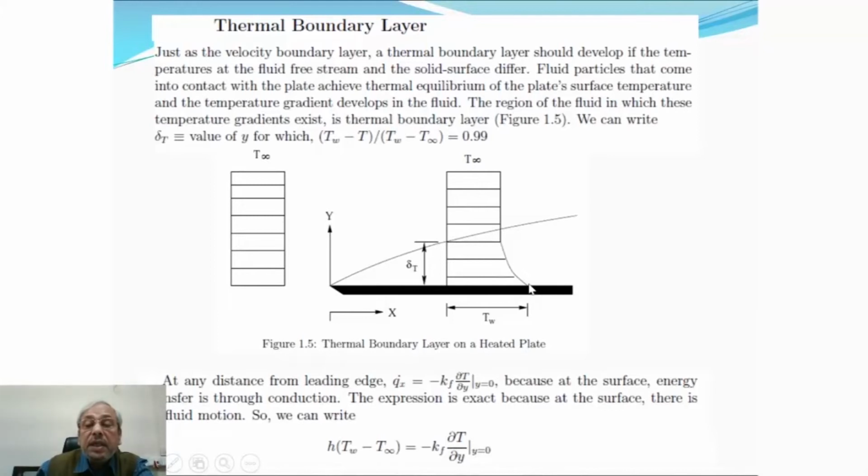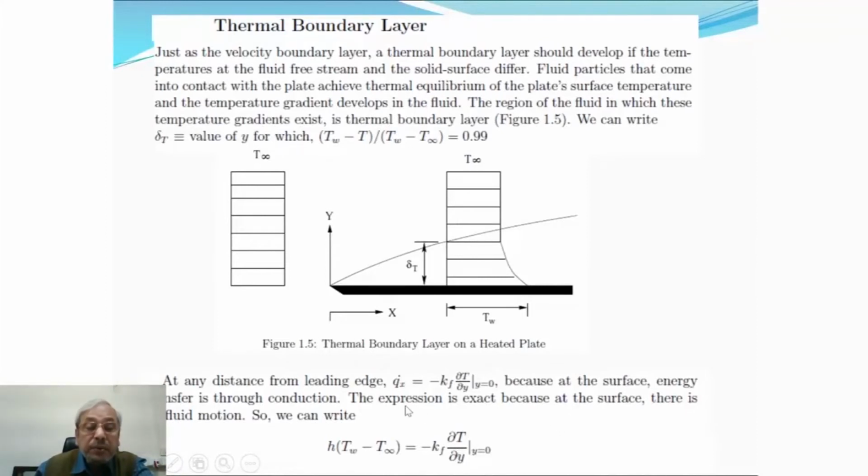We can clearly see the fluid temperature from Tw is reaching T infinity and not changing any further through this distance. At any distance from the leading edge, the heat flux can be calculated as minus Kf del T del Y at Y equal to 0. Because at the surface energy transfer is through conduction, the expression is exact, because at the surface there is no fluid motion.